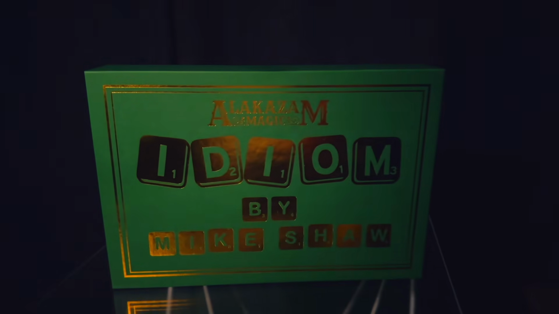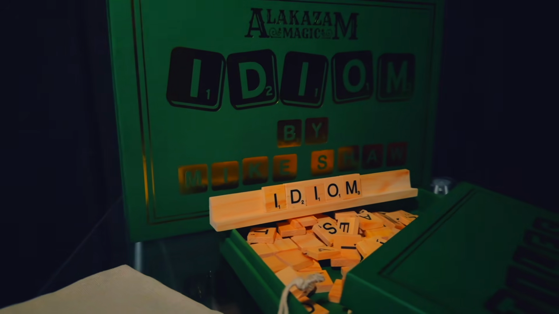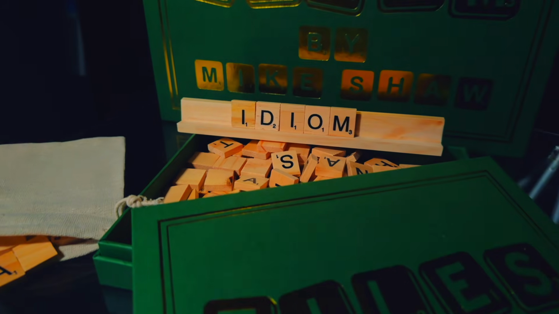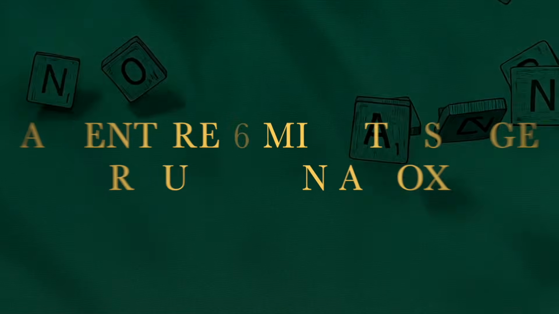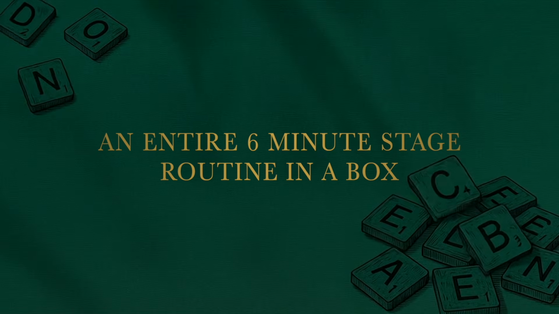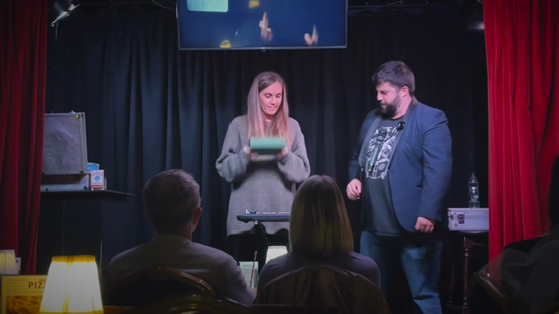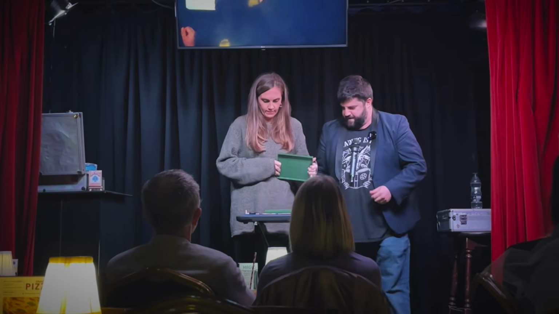Idiom is an incredibly clean, ingenious way of making your spectators think of a specific word. It is this: a box of Scrabble tiles, so you have that wonderful shaking sound. You shake it up, the spectator shakes it up, they open the lid, they pick out some letters, and you know exactly what word those letters will make.